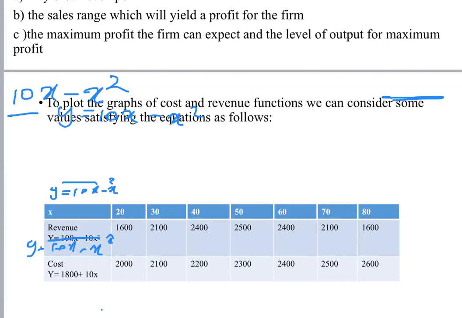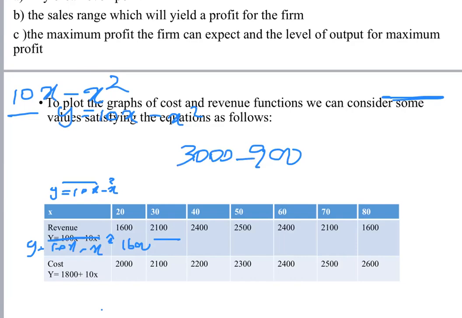So then this is 1600. Right? So when I move to the next one, 30, when we apply 30 in our revenue function, 30 squared, 30 into 30, is 900. Then 10 multiplied by 30 means 3000. 3000 minus 900 means 2100.